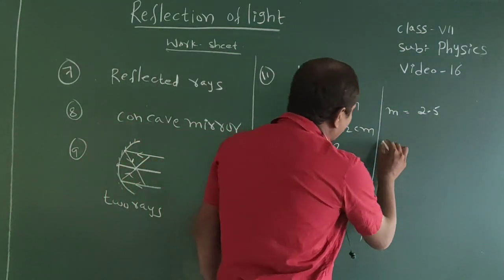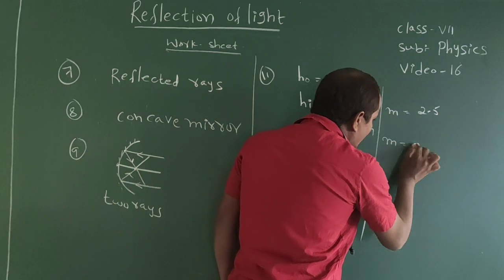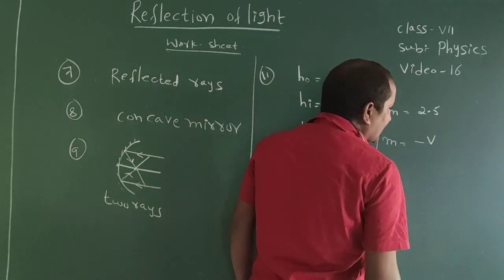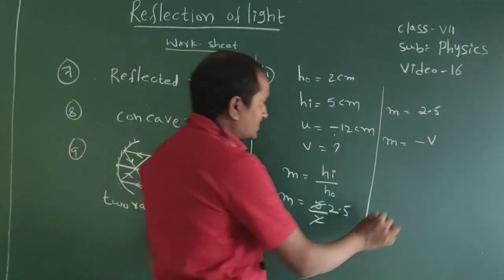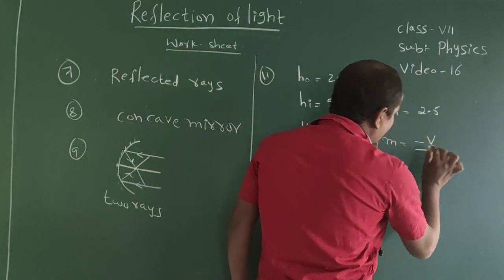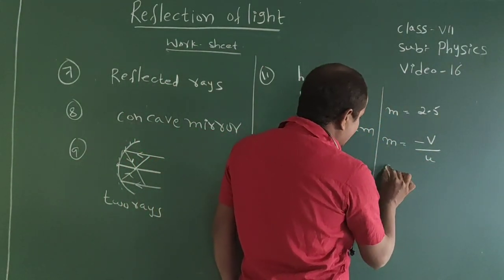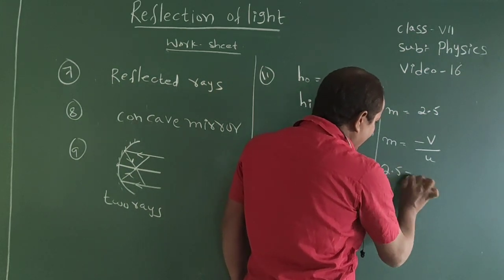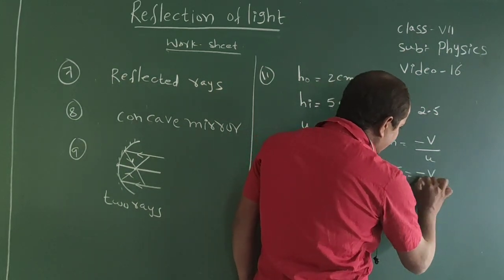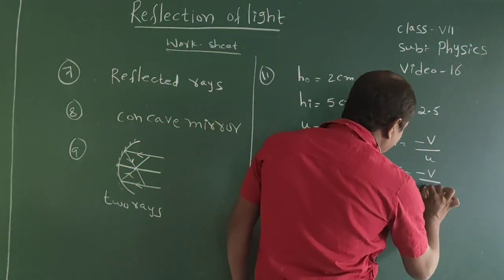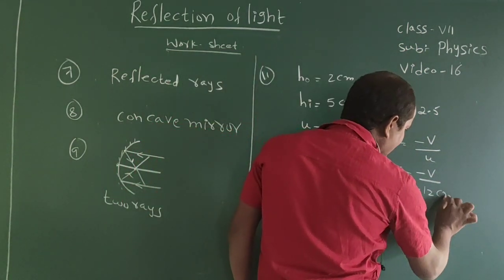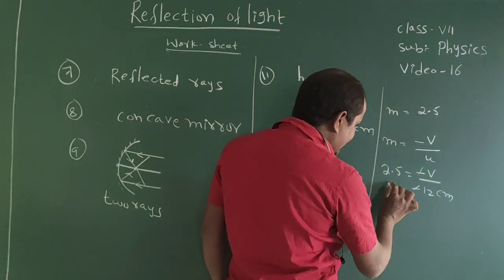But we know that magnification m equal to minus of image distance by object distance, minus v by u. But here m equal to how much? 2.5 equal to minus v by, what is the u value here? Minus 12 centimeters. So minus minus it cancels.